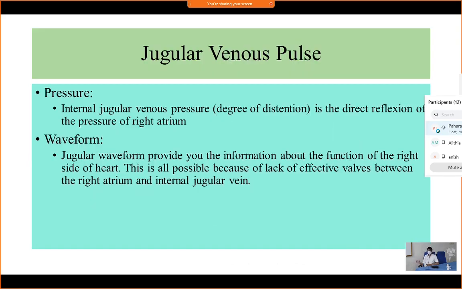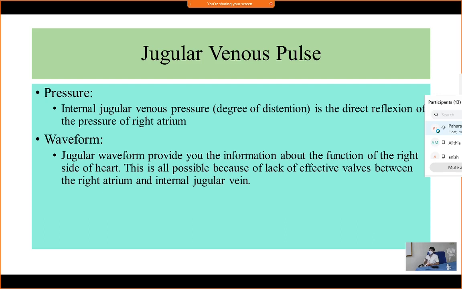Then comes the waveform. We know that the atria are sometimes relaxed, in diastole, and sometimes in systole. So depending upon the contraction of the right atrium, it produces some waveforms, like we discussed in the arterial pulse, where this traveling wave that we perceive in the peripheral artery is actually the arterial pulse.